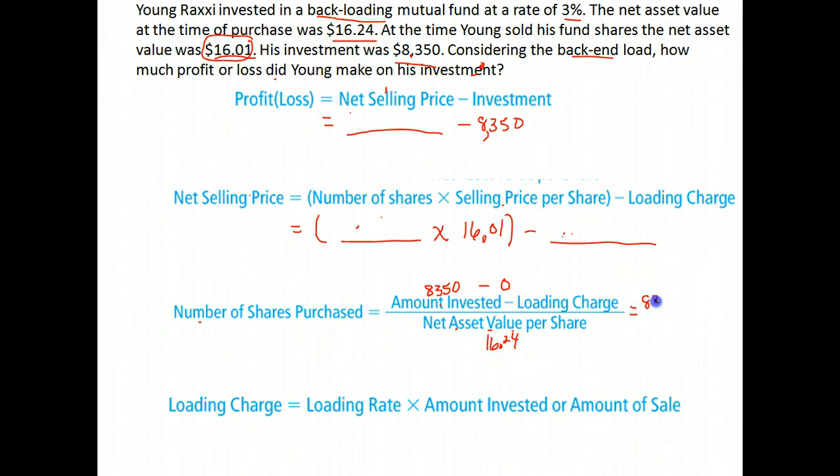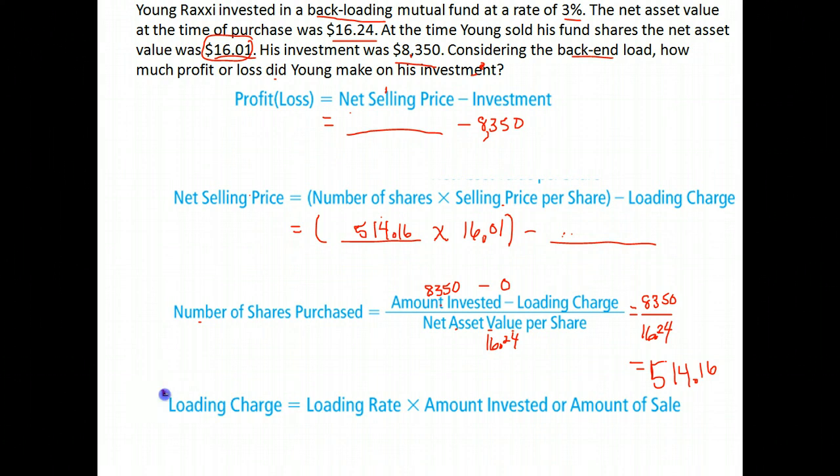So basically we're taking $8,350 divided by 16.24, and we actually did this on the first question. You should get the same answer for the number of shares purchased. When I do that, I get 514.16, and I'm just going to round to 2 decimal places. Okay, so that's the number of shares purchased. So I can fill in this blank now.